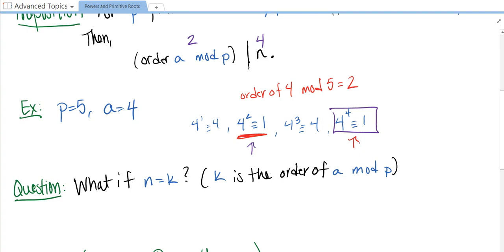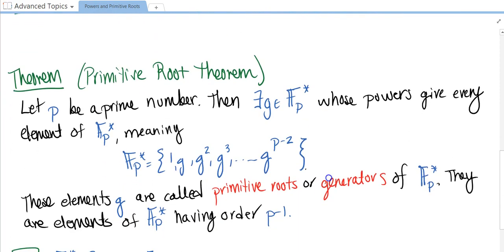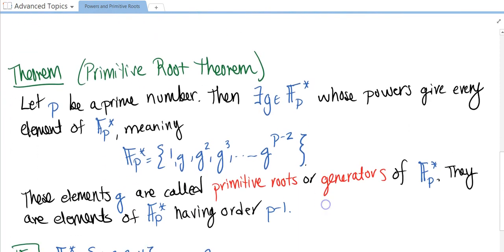Well, I think we've seen this a few different times, and that's where the primitive root theorem comes into play. We have p a prime number, then there exists an element in F_p star, which we talk about as the group of units in F_p. You might also call it the multiplicative group.